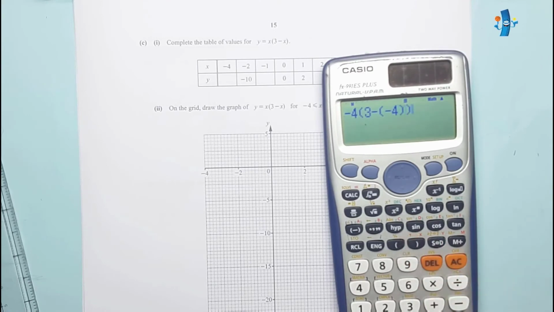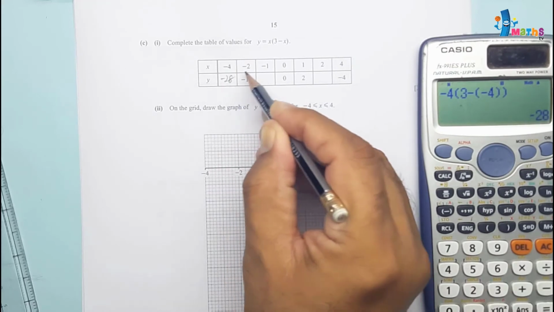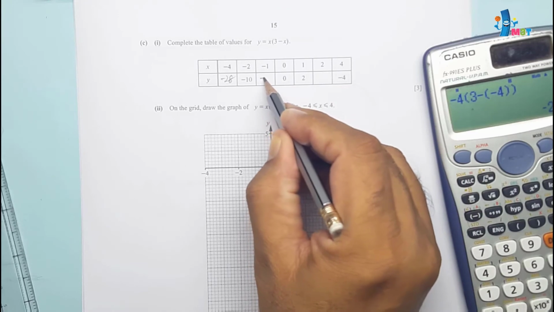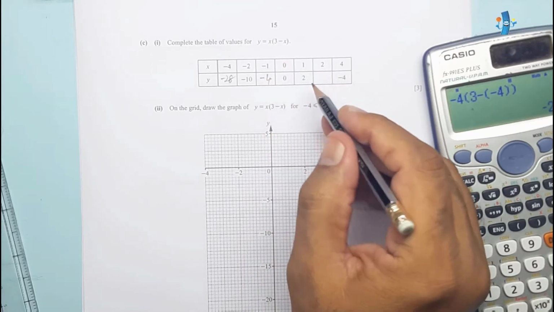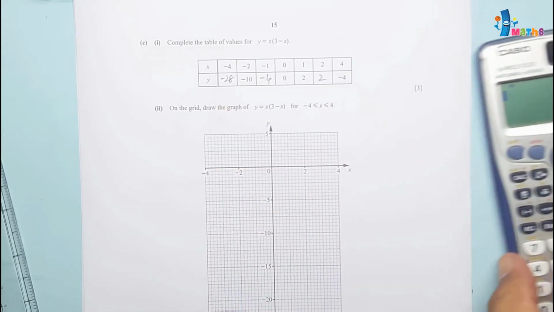This one will be equal to minus 28. Similarly, you can replace the other values. I'll just write down the values for y. When you replace minus 1, you will get minus 4, and when you replace 2, you will get 2. This is the table which we'll be getting.